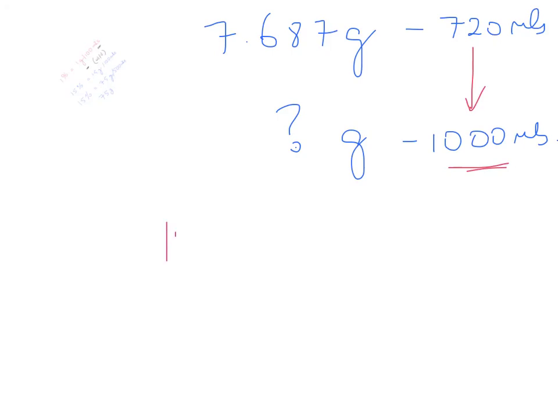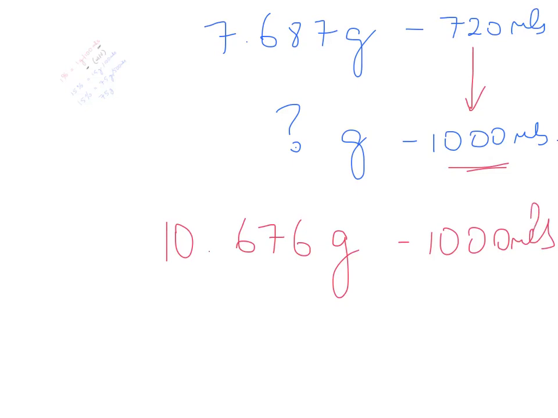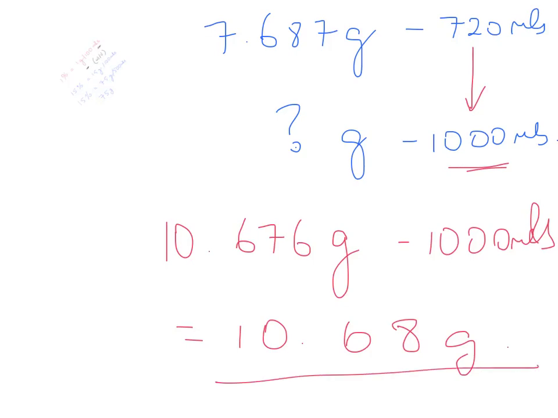I end up with 10.676 grams, and that's in the 1,000 mils. So the answer will be 10.68 grams then. So that's question 10. In grams per litre, we would have 10.68 grams per litre as the actual answer.